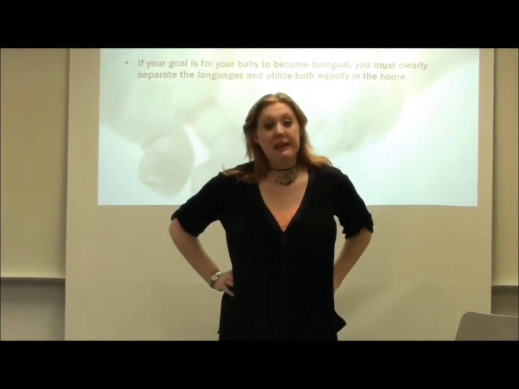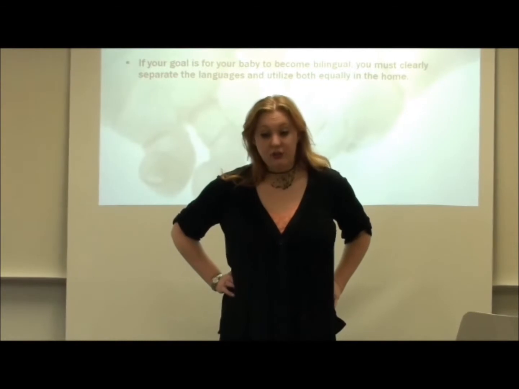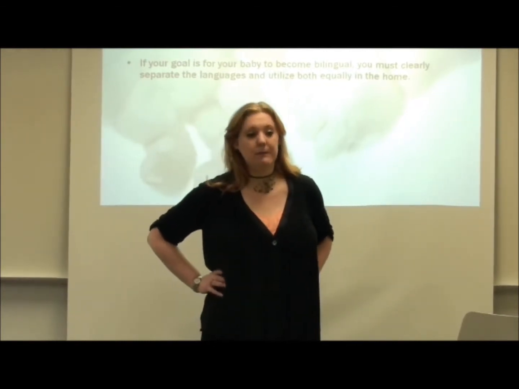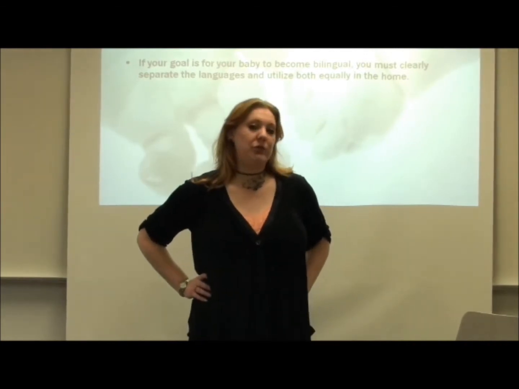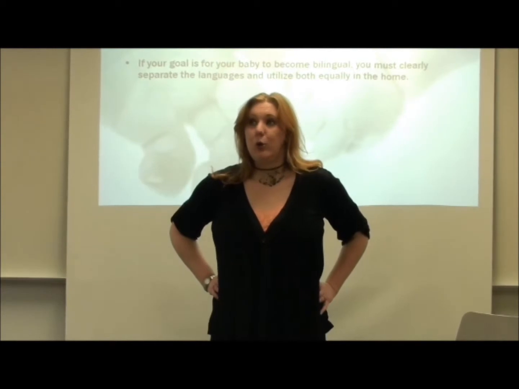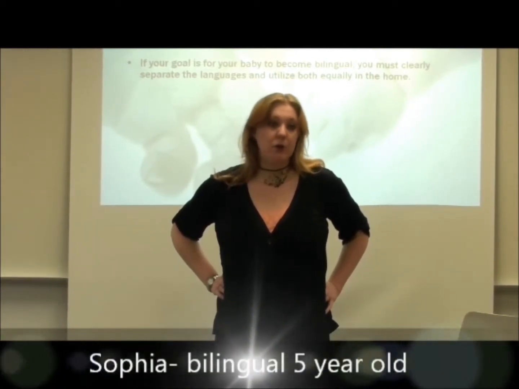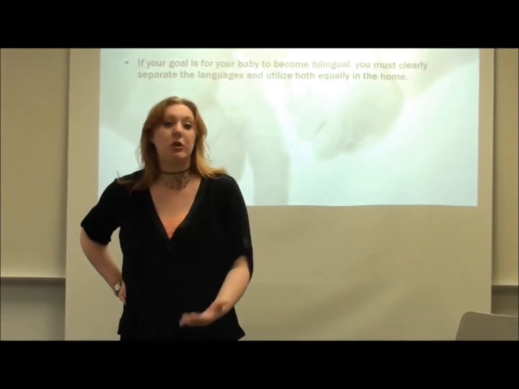My office mate, her name is Uta, and she was born and raised in Austria. She's the German instructor here. And she married an American here who does not speak German. And they have a little girl who is completely bilingual, 100%. Uta only talks to her daughter in German.